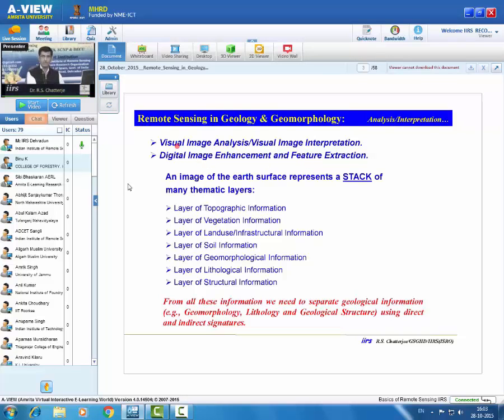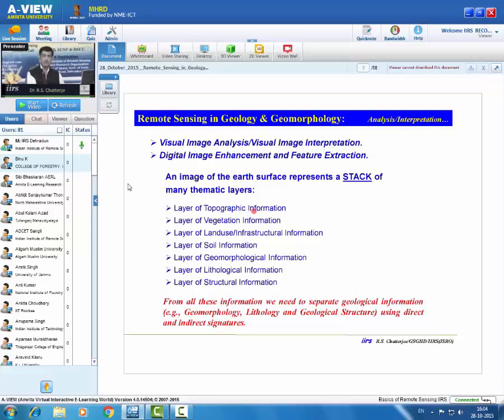So to begin with, we are going to start with visual image analysis or visual image interpretation. Basically a satellite image, or maybe aerial photograph as well, but nowadays we mostly use satellite images; aerial photographs we very rarely get. A satellite image of the Earth's surface represents a stack of many thematic layers. What are those thematic layers?